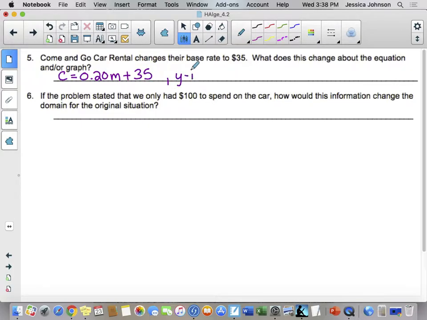So the y-intercept is now 0, 35. This is going to add $10 to every y value on the graph or the table.